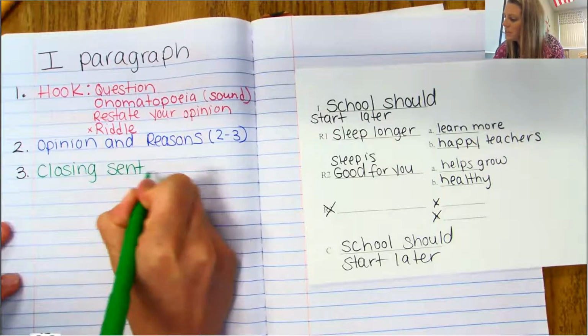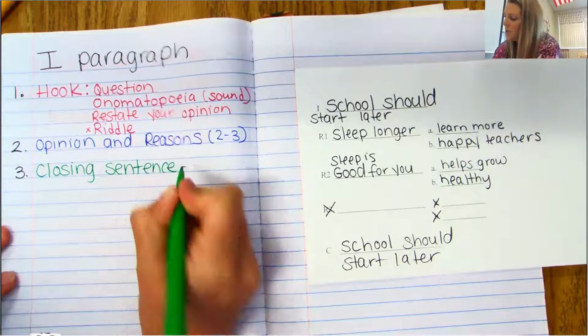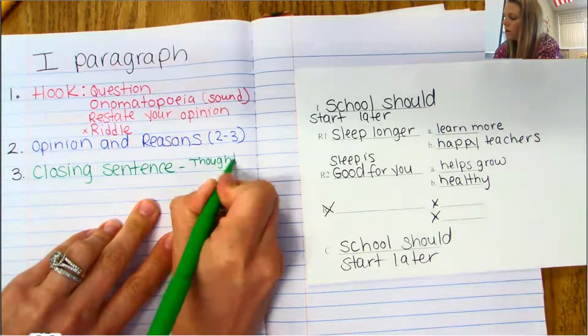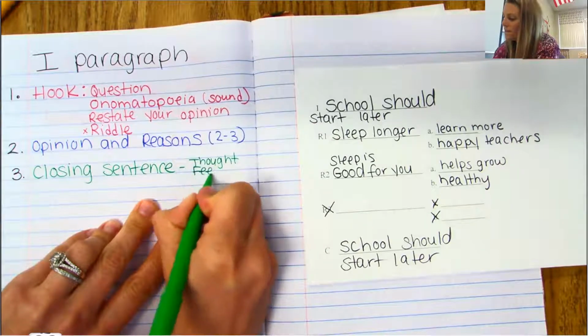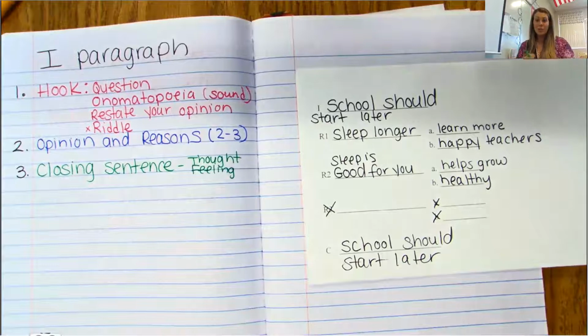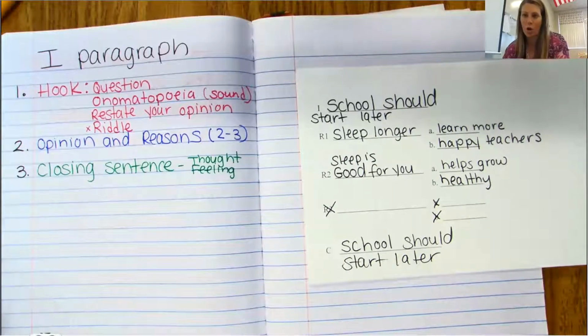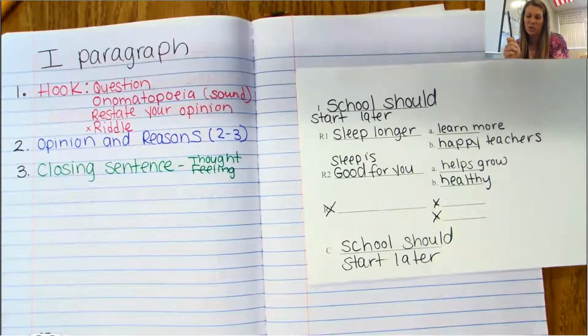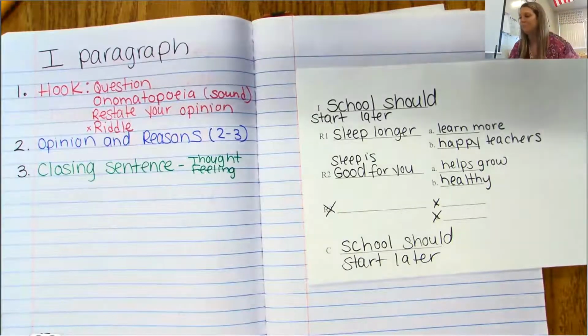And a closing sentence can just be a thought or a feeling. Okay, guys? So it's pretty simple. Now, I'm going to write all of the I paragraph in the model with you. I'm just going to write it in pen. You're going to write yours in pencil, but then we're going to underline it and color code it, okay?